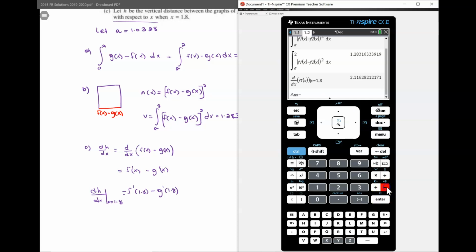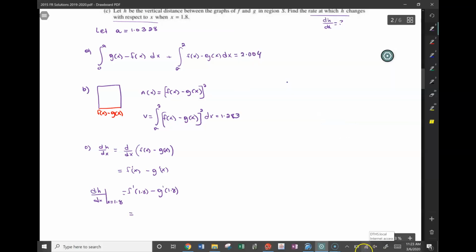Minus, I'm going to do the whole thing again, of f2 of x. All right, and that's negative 3.812.